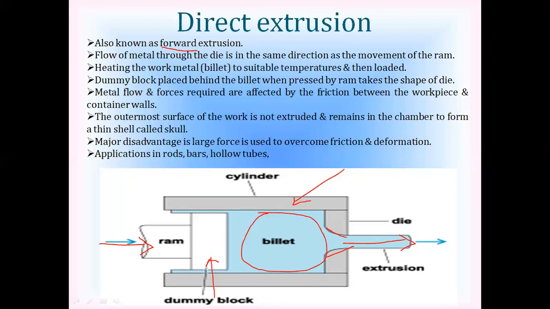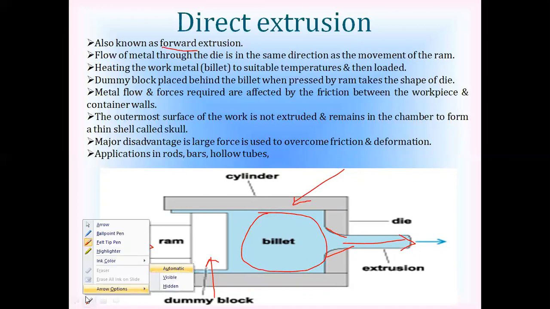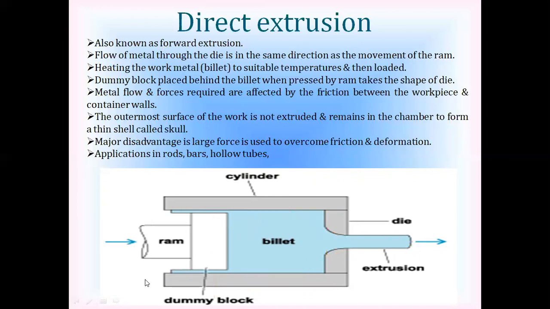Now when the metal is flowing, it is experiencing some frictional forces, especially between the cylinder walls, at the walls of the container as well as at the dies also. So at these places there is a large amount of friction developed.